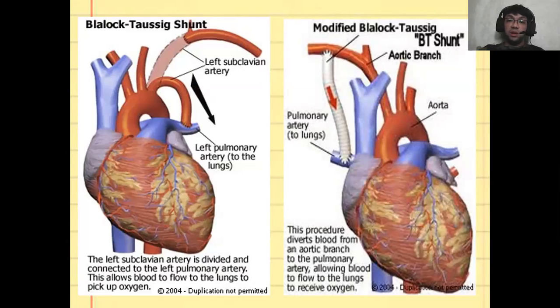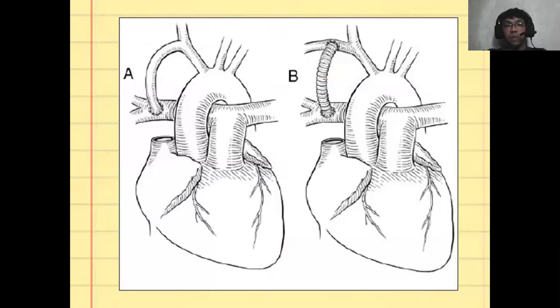Since blood is not flowing through the pulmonary artery properly, because there is a narrowing in the pulmonic valve, they will create a shunt from one of the branches of the aortic arch into the pulmonary artery so that blood can reach the lungs for oxygenation. So here is another illustration of that modified Blalock-Taussig procedure.